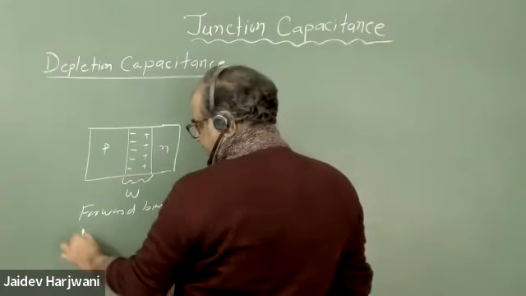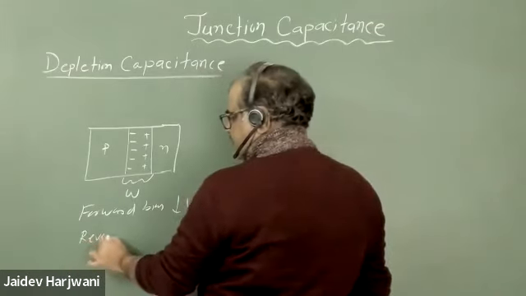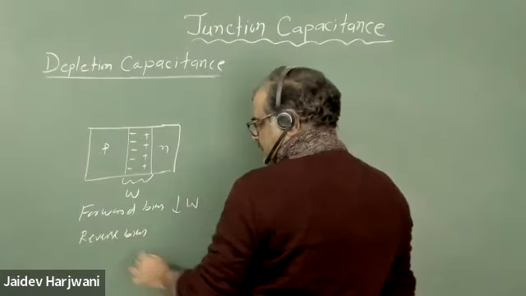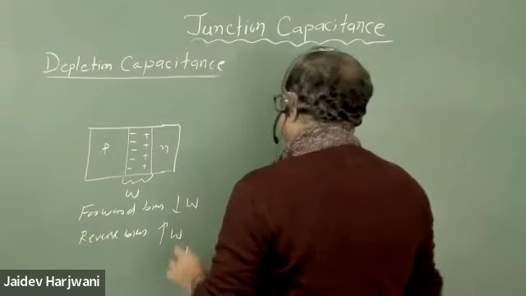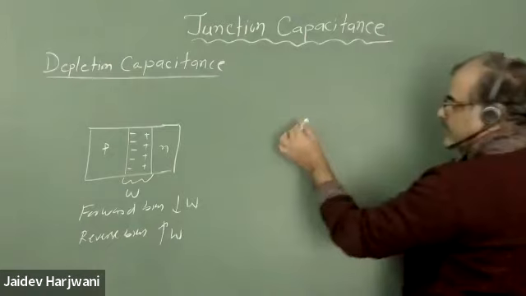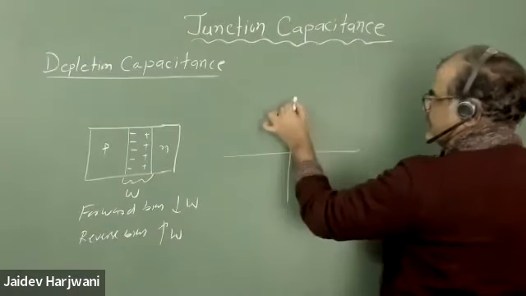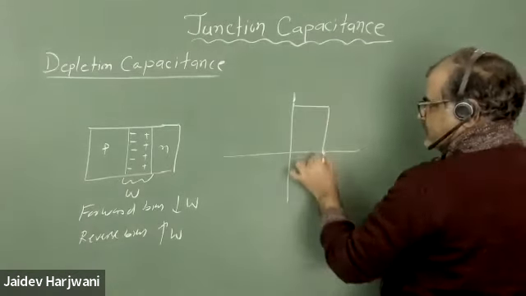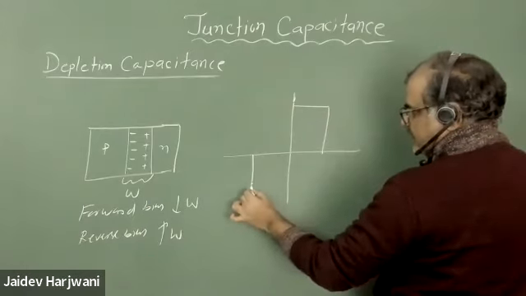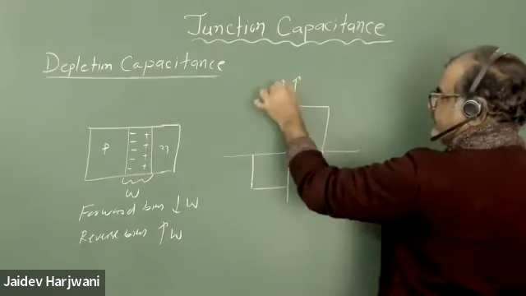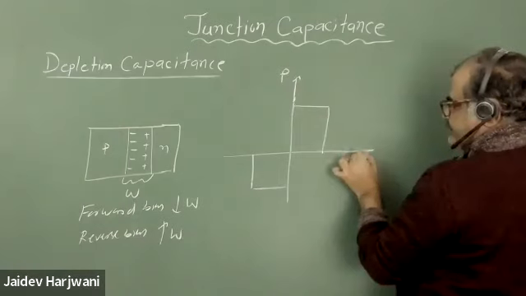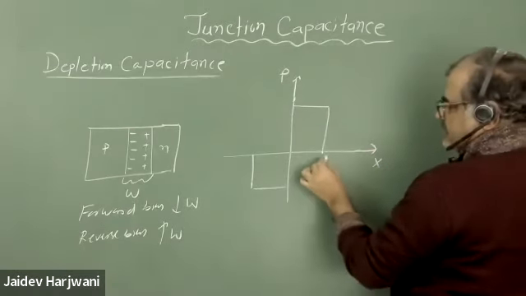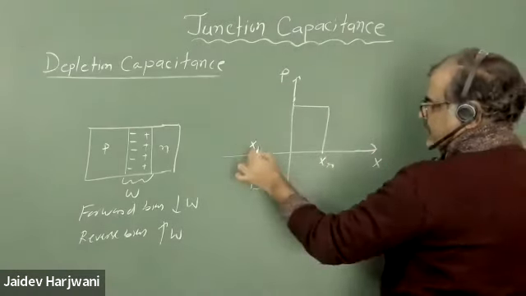If you apply a reverse bias, your depletion width increases. So if I plot my abrupt PN junction, you have your X, this is your XN, this is your XP.